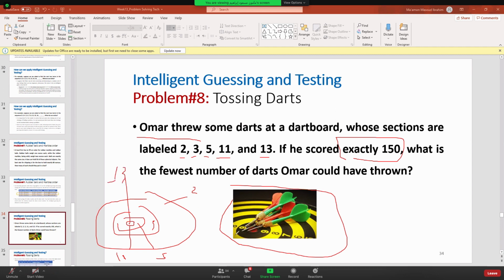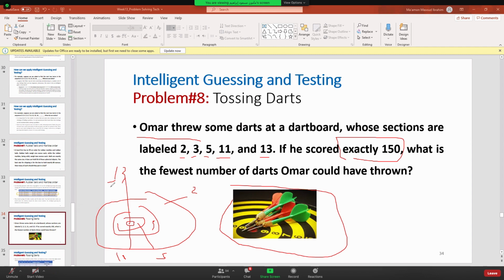Everyone knows this game. So we want to know what is the fewest number of darts that Omar could have thrown to get exactly 150.